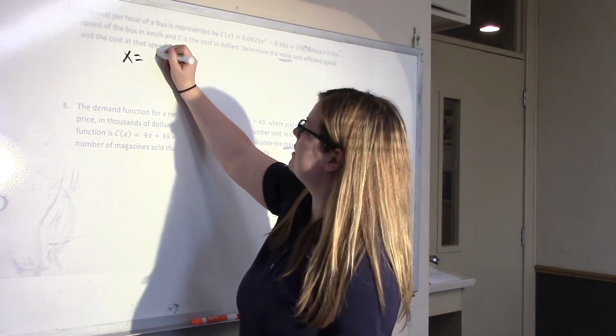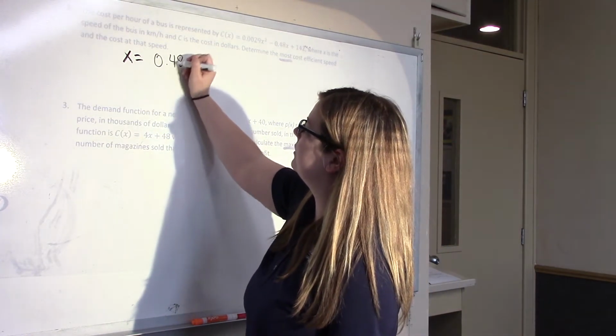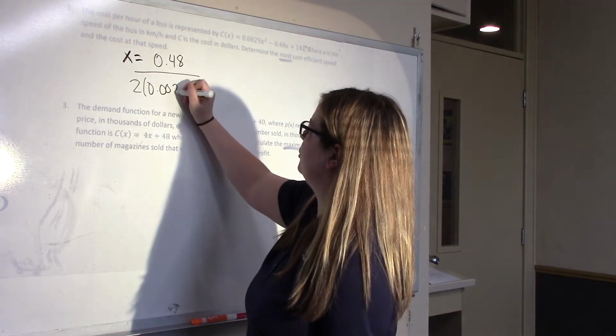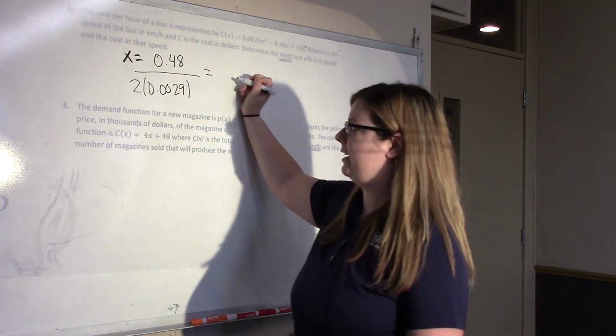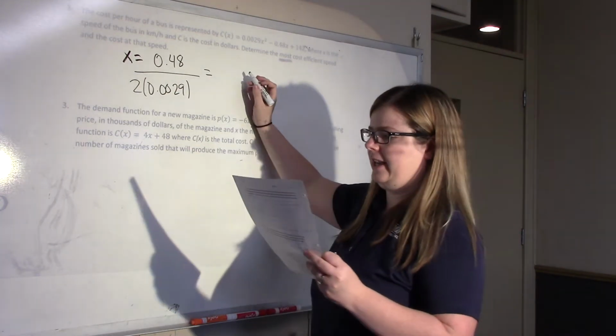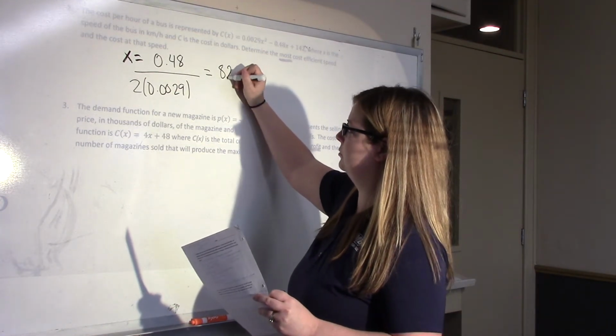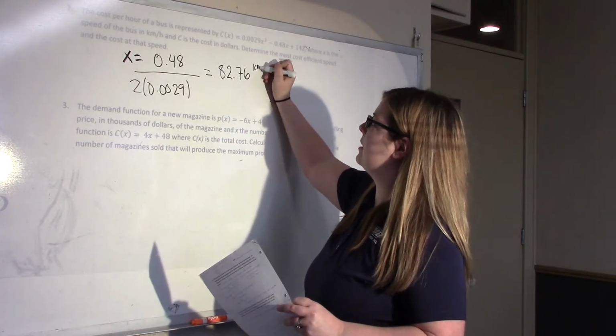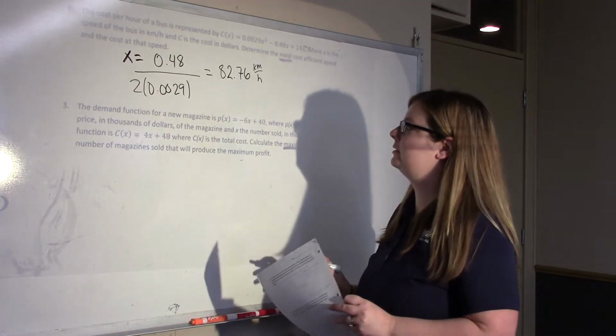So positive 0.48 divided by 2 times 0.0029. Okay? That comes out to 82.76. And remember, this is speed, so that would be kilometers per hour. Okay?